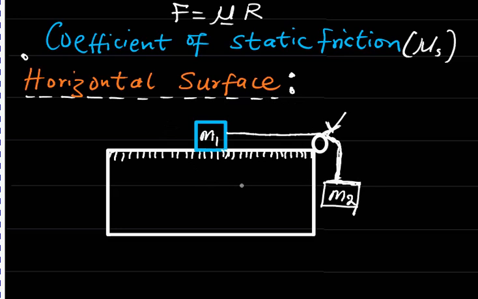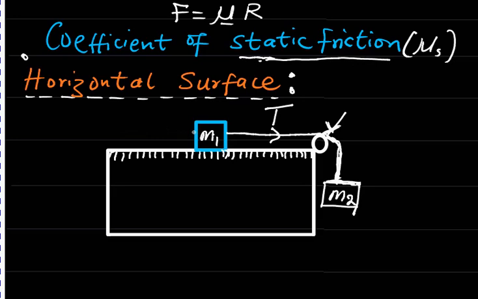The whole idea of connecting the mass m2 to this mass m1 is to create a tension on this rope or string in order to pull this mass m1. Now, because there is a force acting on this mass, which of course is frictional force, from what we understand about static frictional force, this particular mass is at rest. Why?